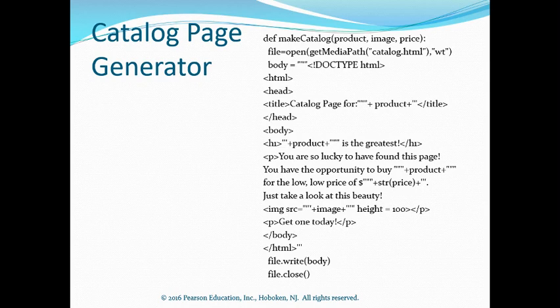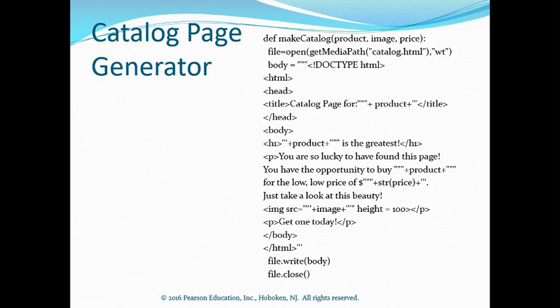we have a function called make catalog, and it includes product, image, and price as three inputs. So what we do is we can actually use those variables within our HTML document that's generated. So you'll see here, for example, we have a string which includes the doc type, the HTML, the head, the title, catalog page for, and then we use the input variable product right here as an input to the string that's actually going to be printed.